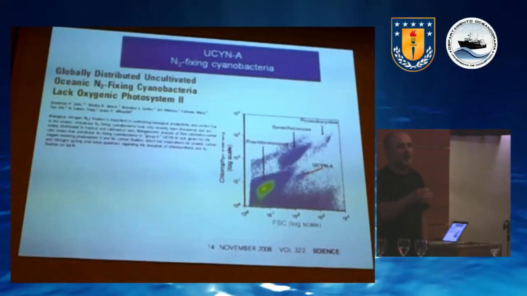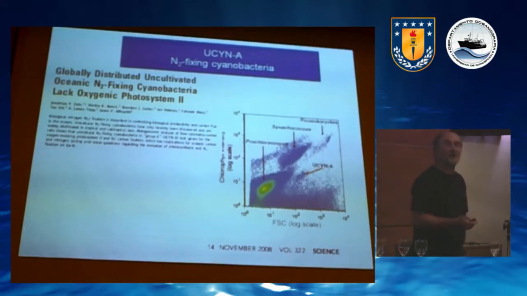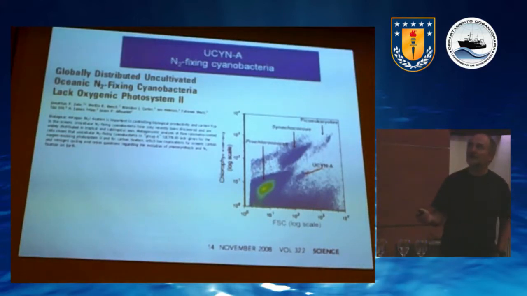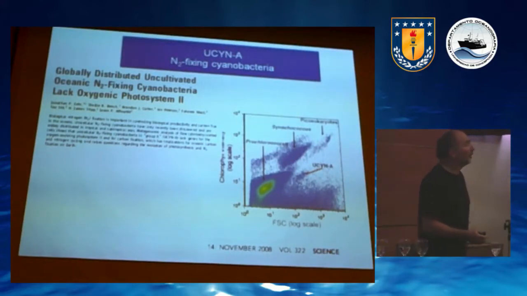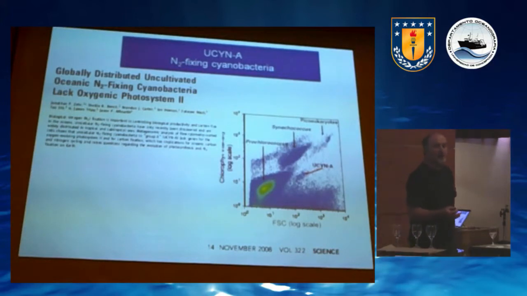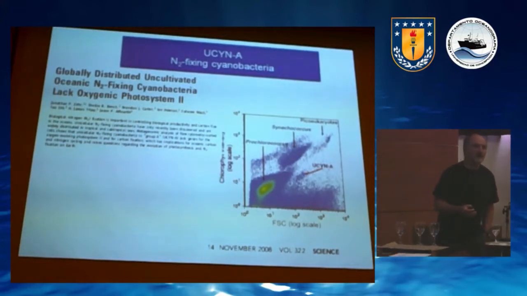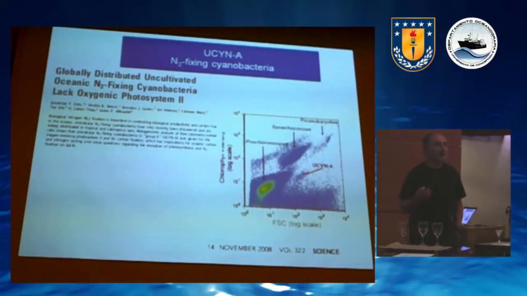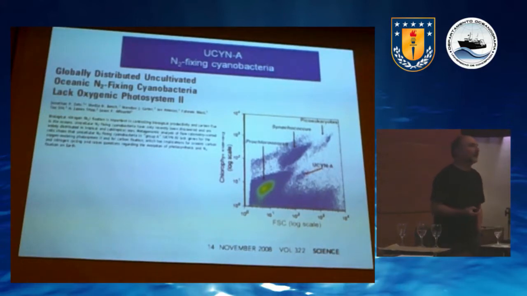Well, there was a story that I always found fascinating, and that many of us at ECODIM talk about: the developing story about the UCYN-A, the cyanobacteria that were first discovered by clone libraries of the nifH gene, by Dave Scanlan, I think, but nobody knew which organism these cyanobacteria corresponded to.